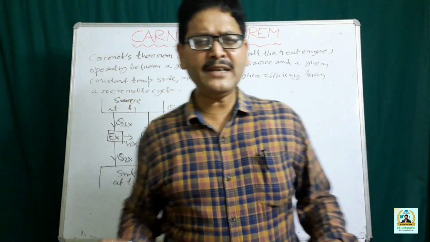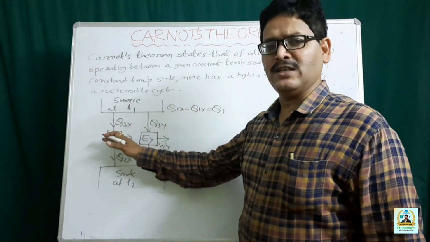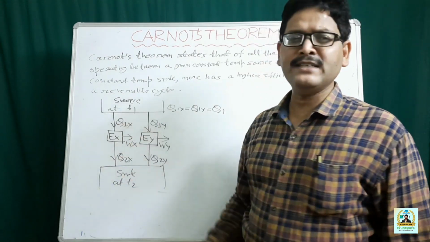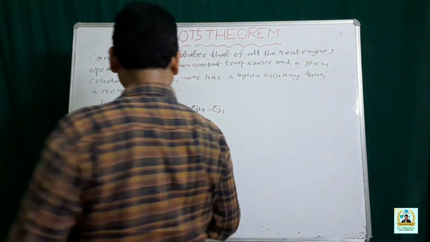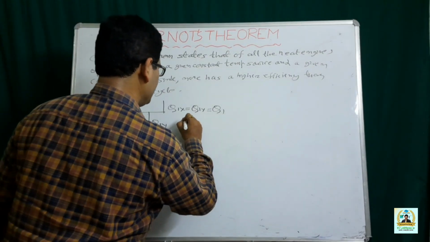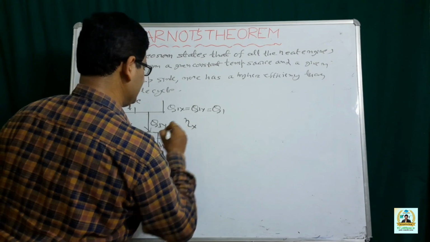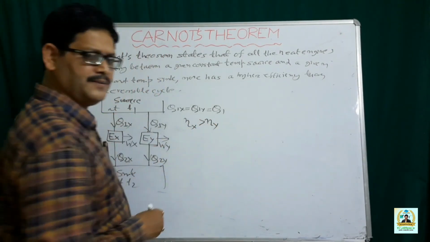Now let us assume that this engine, which is an irreversible heat engine, is giving a better efficiency compared to the reversible one. So eta x is greater than eta y.